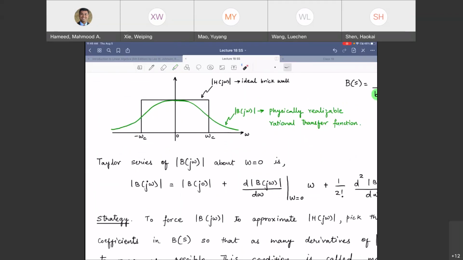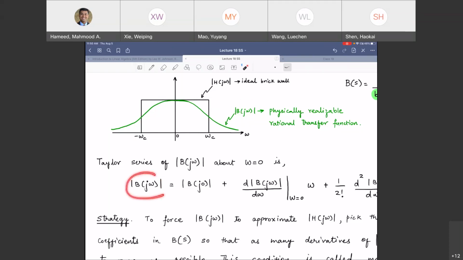So earlier, we applied Taylor series for any function f, right? When we applied Taylor series for any function f of x, what did we find? It was f of 0 plus the first derivative of f at 0 plus the second derivative of f at 0 divided by 2 factorial and so on. That's exactly what we are doing over here. B of j omega, which is the frequency response of your Butterworth filter, the magnitude of that is being considered as the function of x.